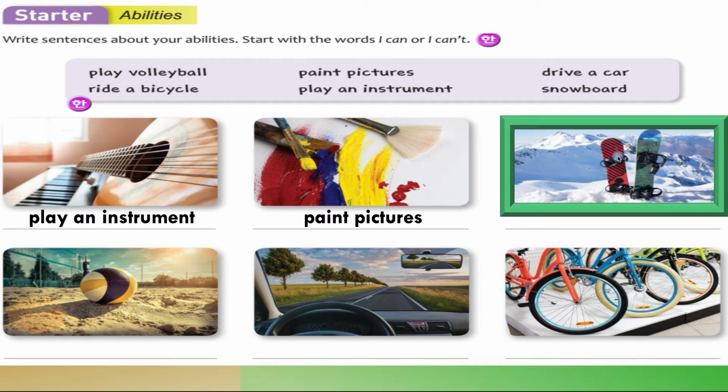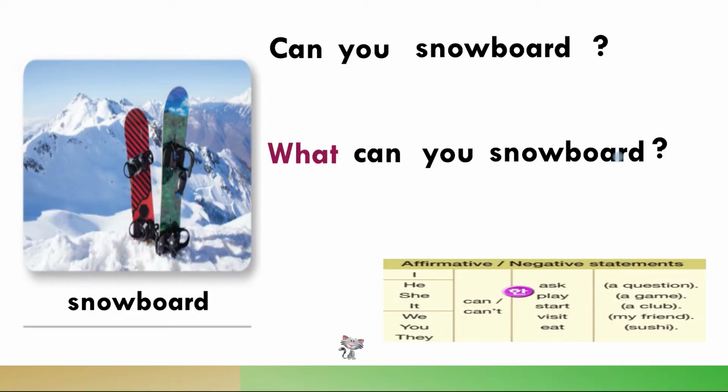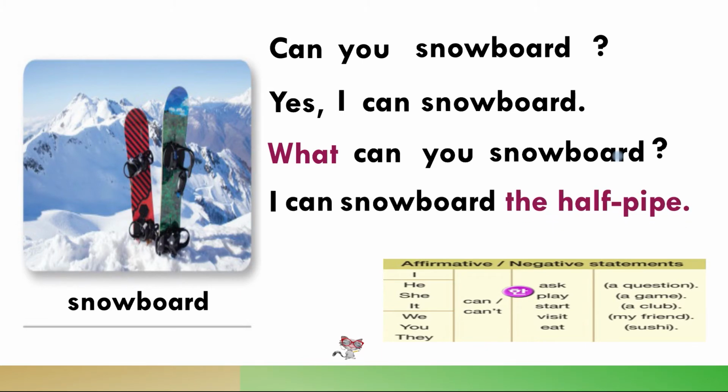Alright, so we're done. Play a picture, paint a picture. So that's established the main grammar. Alright, we can go a little quicker here. So, Yonghi, if you ask me the question. Professor Neil, can you snowboard? Yes, I can snowboard. Very good. What can you snowboard? I can snowboard the half pipe.